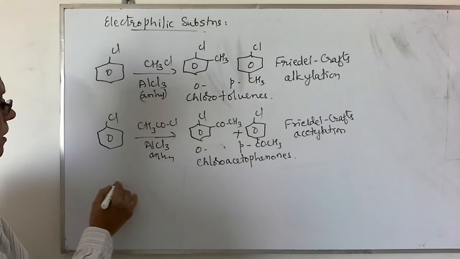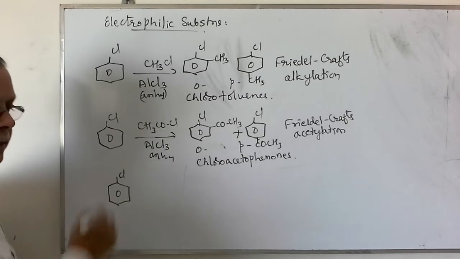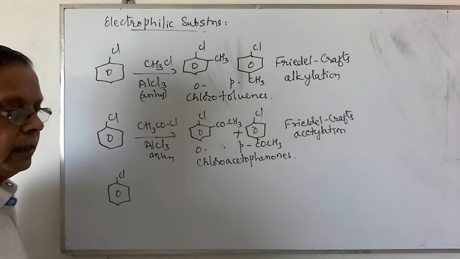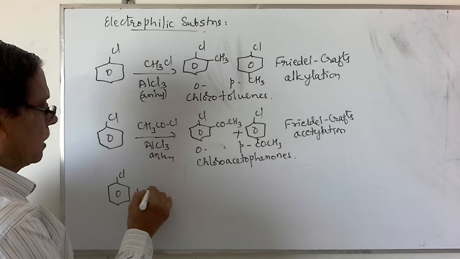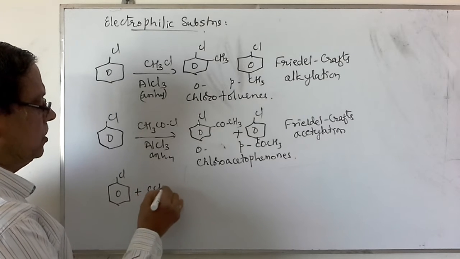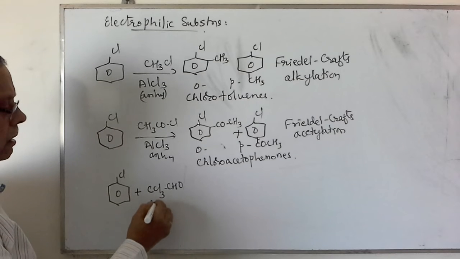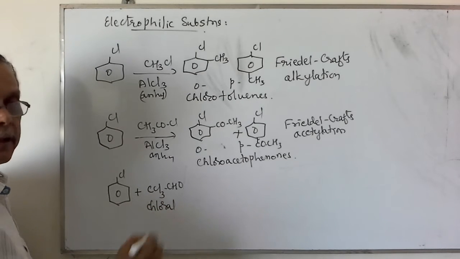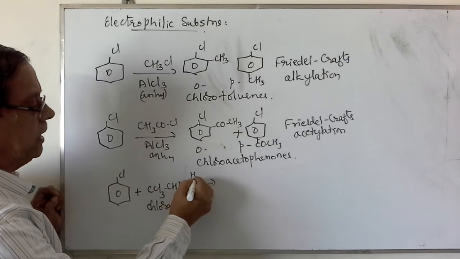The next one is, when you take this chlorobenzene and react with CCl3CHO. This is actually named as the chloral, in presence of concentrated H2SO4.